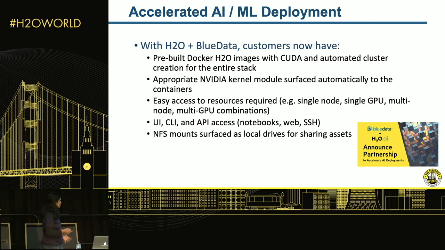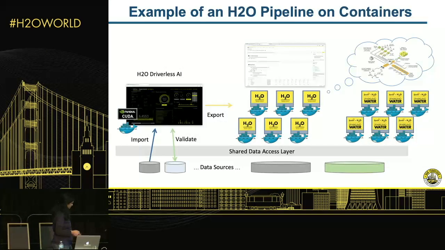How do you surface your GPU? And how do you make sure that you're not locked down to one particular technology or one particular cloud, whether it is on-prem? How do you make sure it is seamless and you can go across? Right? And then the UIs, and for the data, it can be HDFS, it can be NFS. How do you make sure that your container already has the data that's available and ready to go?